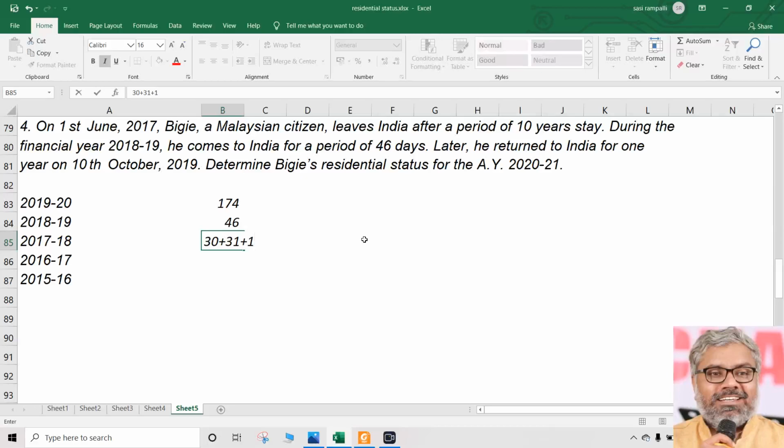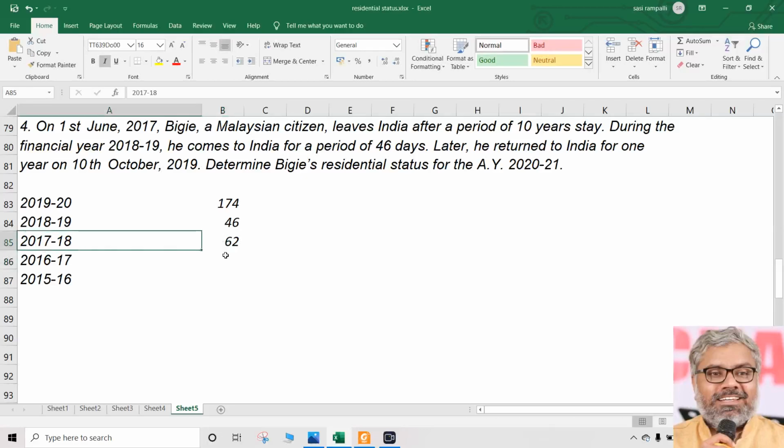So how many days did he stay in India during that previous year? Starting from April naturally. April 30 days, May 31 days, June 1 day. So total is 62 days during 17-18.